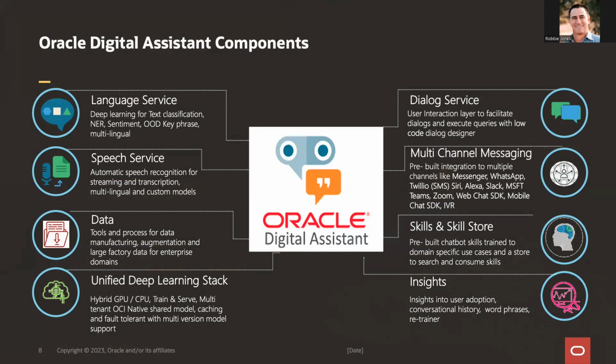The reason I'm highlighting them is that some of the product announcements for this quarter are enhancements, improvements, and deeper integrations that we've done for you. So you don't need to go to your data science team or hire data scientists. Again, we've abstracted a lot of this work for you.